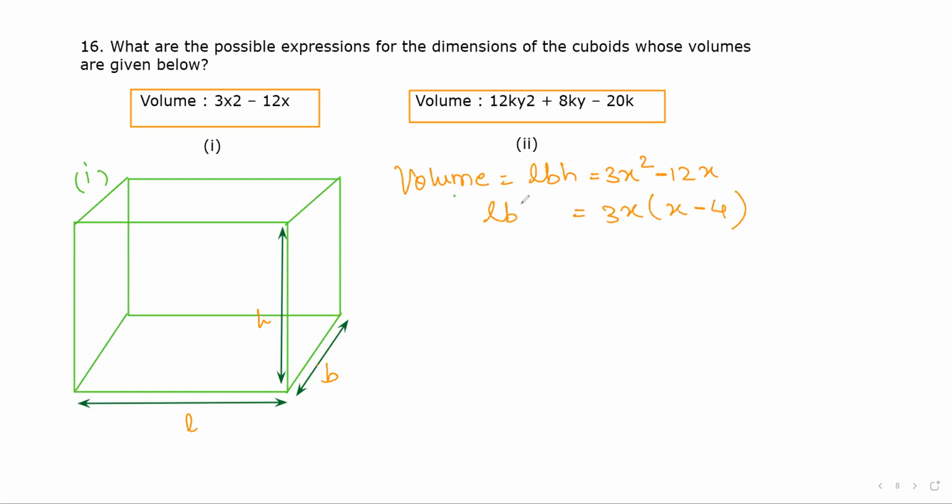This is LBH, which means here you have 3 first value multiplied by x, second value multiplied by x minus 4. So either of these three values can be considered as length, the other one breadth, and the last one height. Therefore, length is equals to 3 units, b is equals to x units, and height is equals to x minus 4.